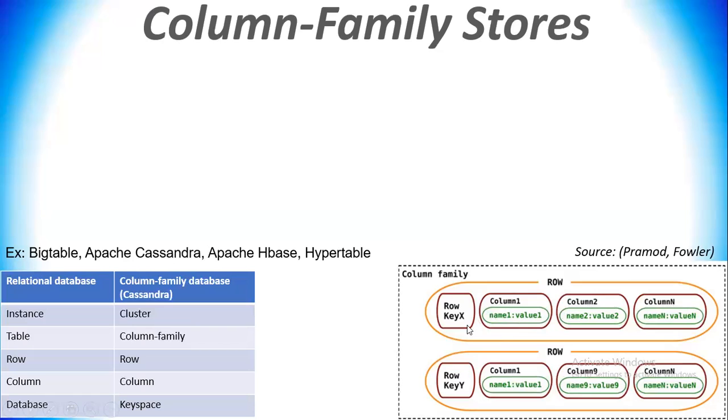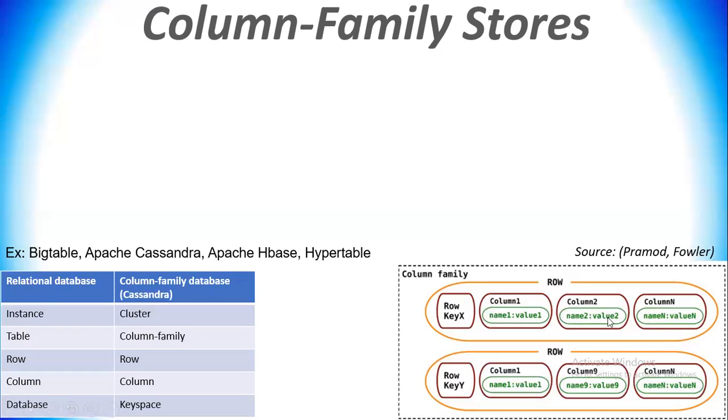So even though there are rows and columns, just like relational databases, the domain is not specified and the values are not atomic single values. There can be multi-valued, non-atomic aggregates.